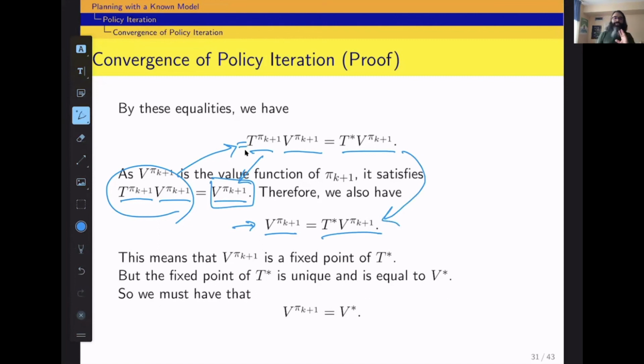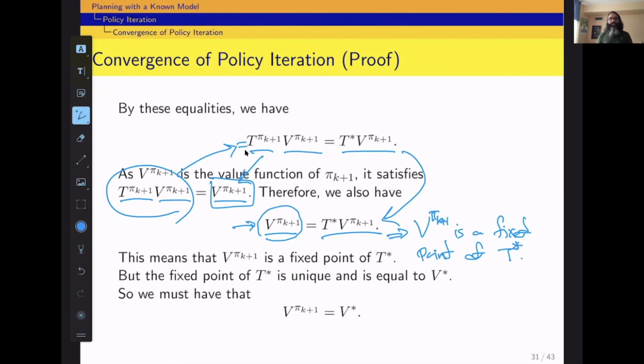A few steps you have to go through to see what has been substituted with what, but we got to the point that V pi k plus 1 is equal to T star V pi k plus 1, which means that V pi k plus 1 is a fixed point of the Bellman optimality operator. So we get a value function for a policy that is the fixed point of the Bellman optimality operator.